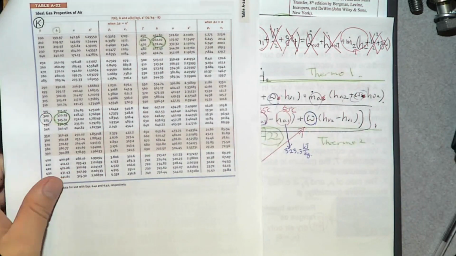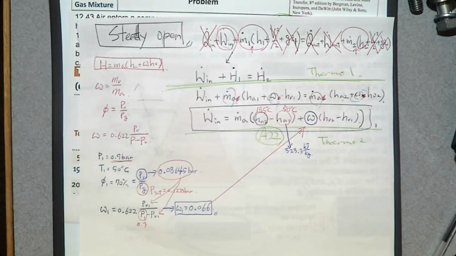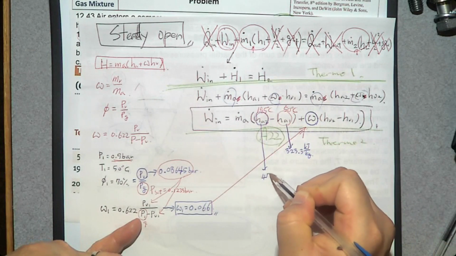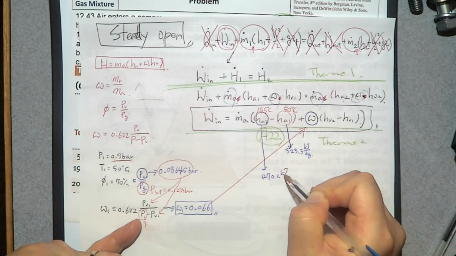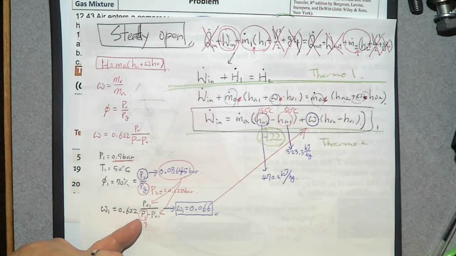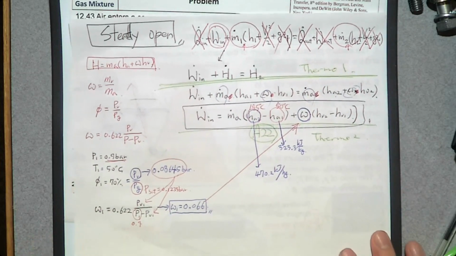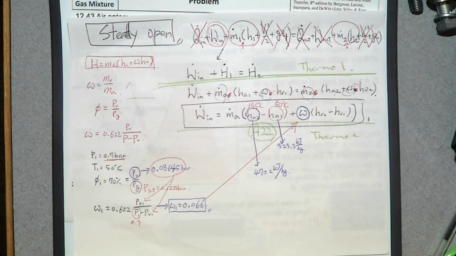If you do the interpolation, we get 470.2 kilojoule per kilogram. So that's how you determine hA. What about hV? We can go to another property table, which is table A-23.